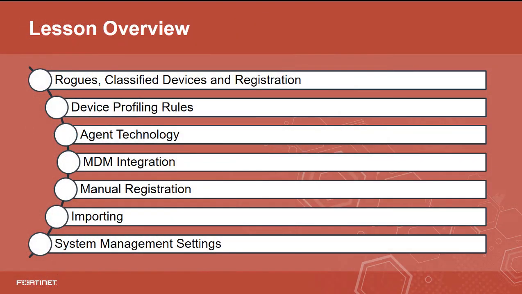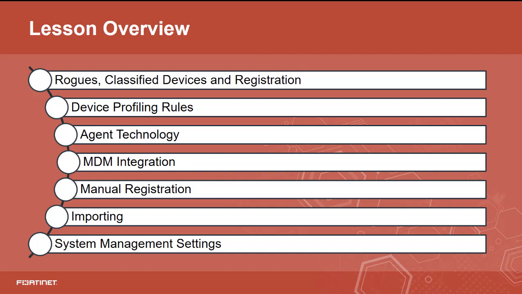In this section, we're going to discuss a variety of topics, all centered around the identification and classification of rogue devices. So we'll begin the session talking about what is a rogue device and what is a device that has been transitioned from a rogue into a classified device.